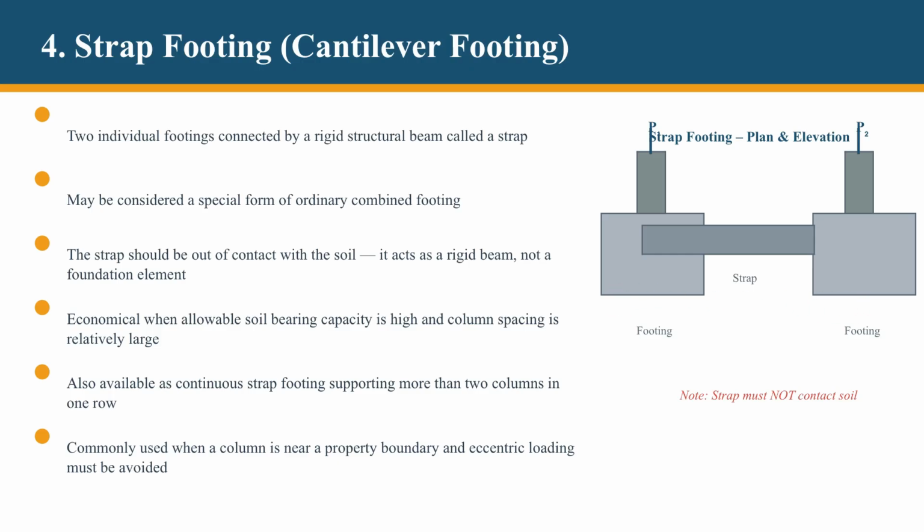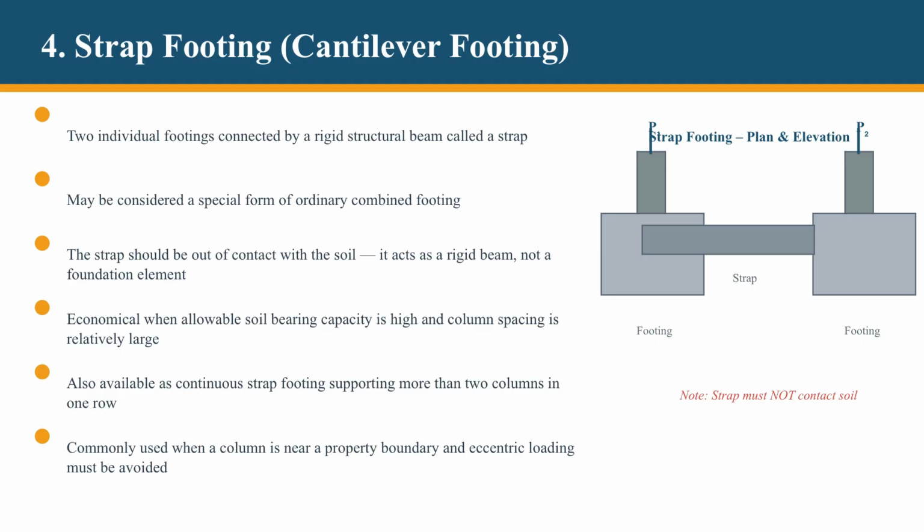Here, the column spacing is relatively large and you don't need support in this particular area from the soil. It is also available as a continuous strap footing supporting more than two columns in one row.